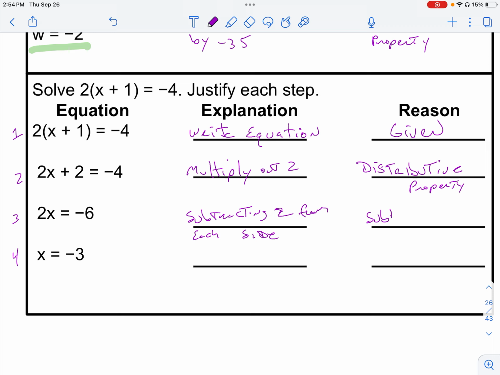Our subtraction property. And then divide each side by 2, division property. Okay, good job.